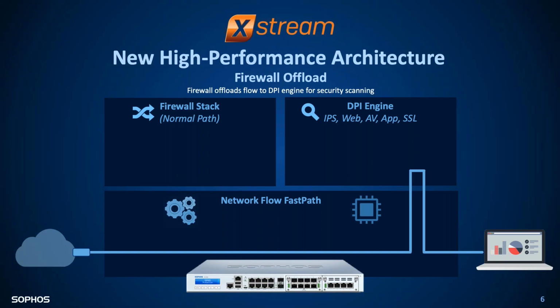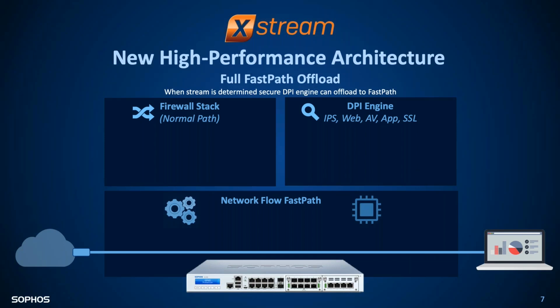It no longer needs the firewall stack to forward the traffic to the DPI engine. So this frees up the firewall stack to handle new connections, and this alone can significantly improve performance, and it decreases the latency. Now, this is the final path that we achieve when the DPI inspection or SSL inspection is in place.